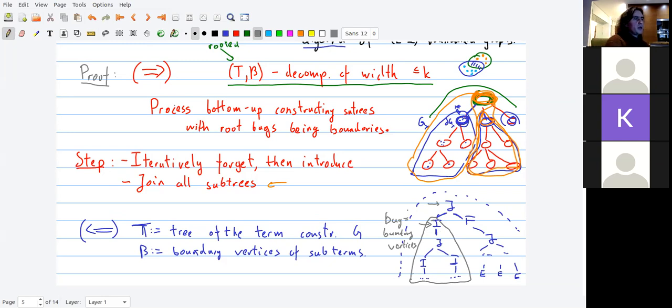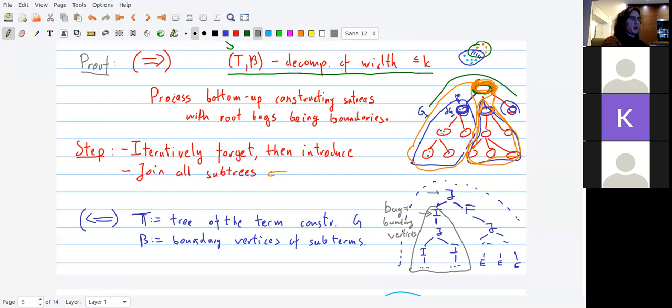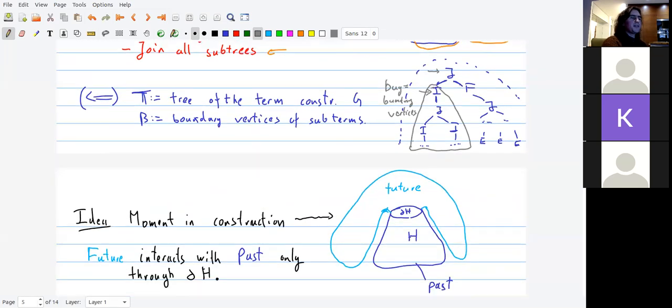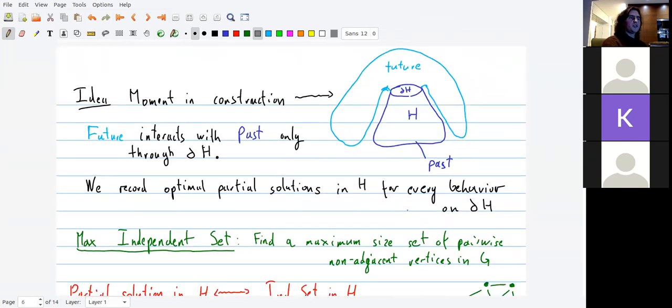Good. So let's continue further, because now that we have defined this algebra of boundaried graphs, this is the suitable language to write dynamic programming algorithms.